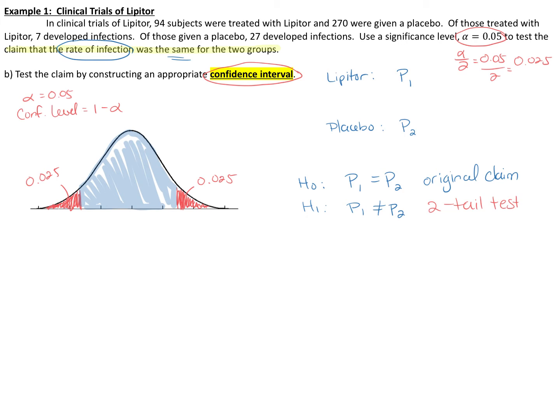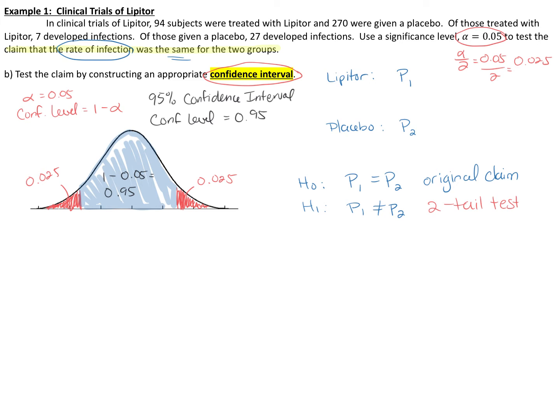So 1 minus 0.05 gives me a confidence level of 0.95. So this means that I'm going to use a 95% confidence interval. So the first thing that we needed to do was figure out what our confidence level is going to be. And our confidence level is 0.95.